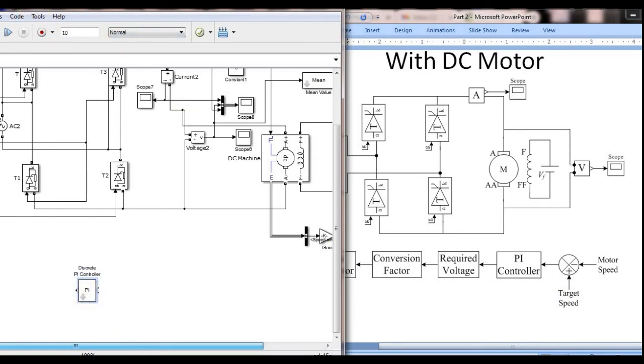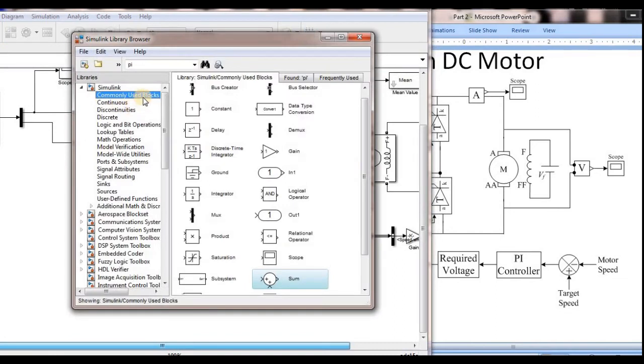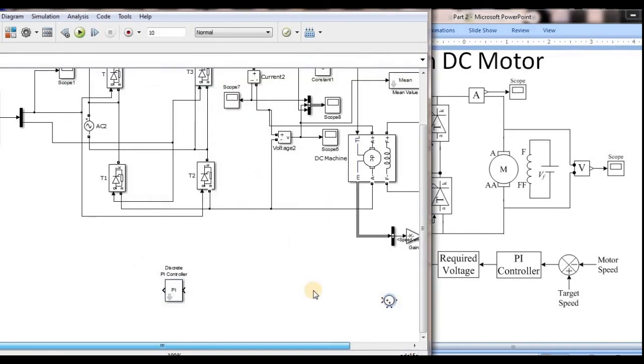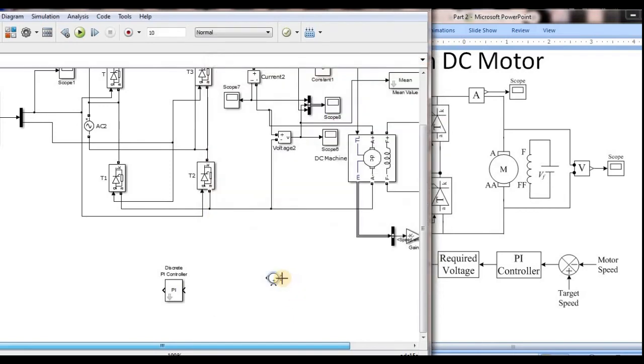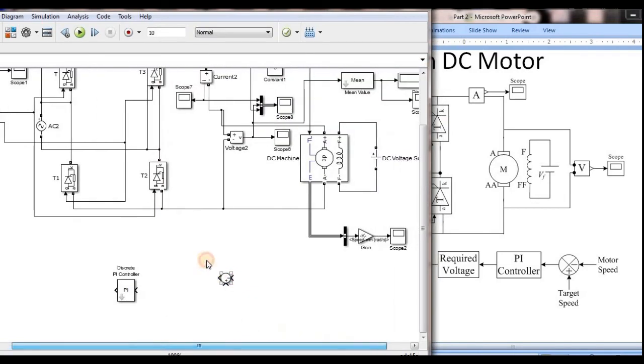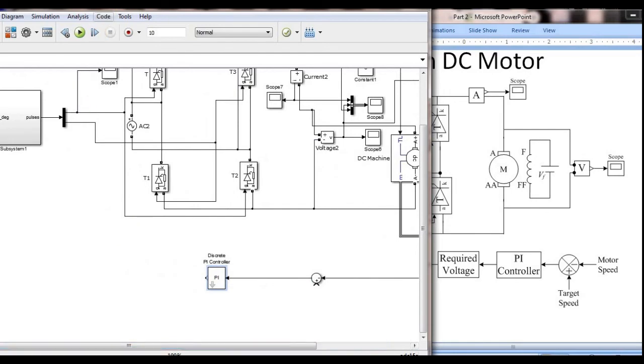So I will go to the library and bring some summation point, controller, and this is minus plus. So the minus sign I am giving to my speed, and the positive sign will be my reference.